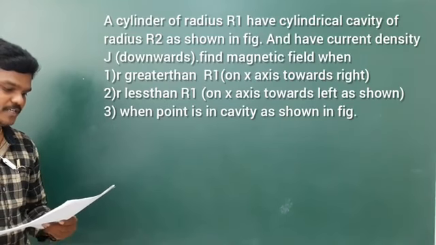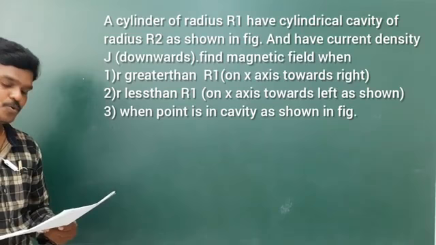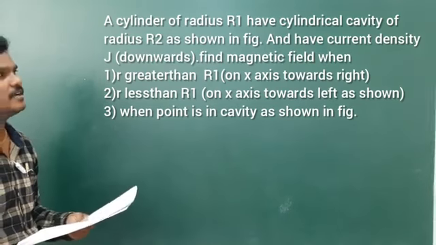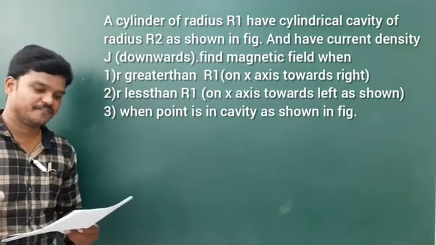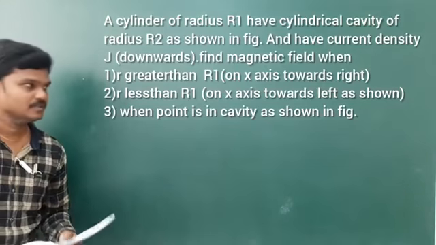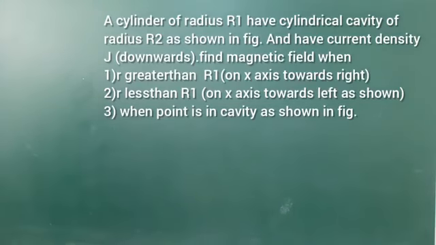Third, when the point is in the cavity as shown in the figure. They have given the diagrams. By using the diagrams, let me find the magnetic field due to the cylinder of radius R1. So read the question at least twice.